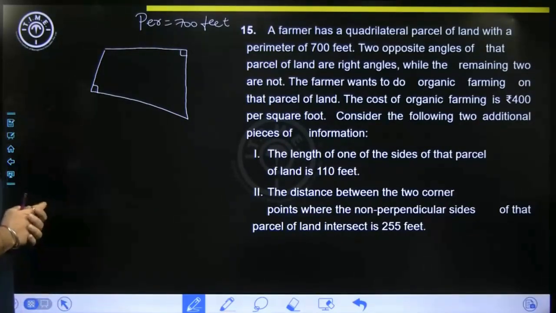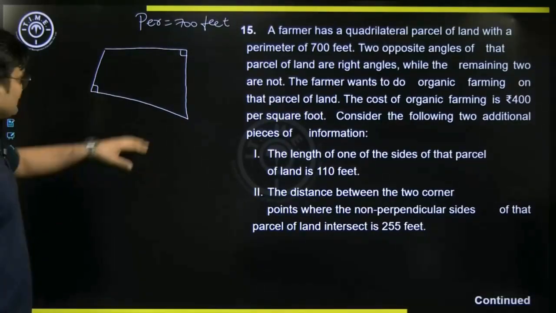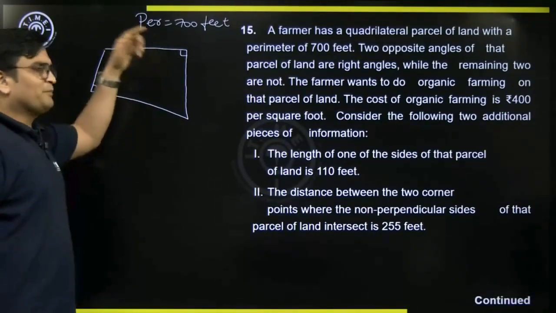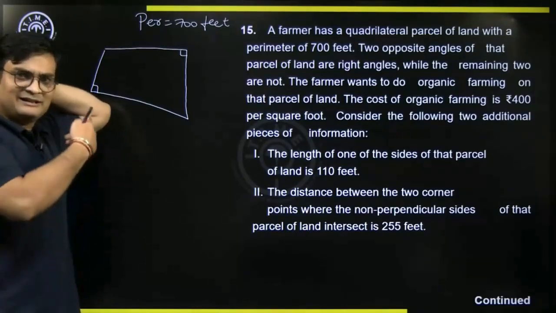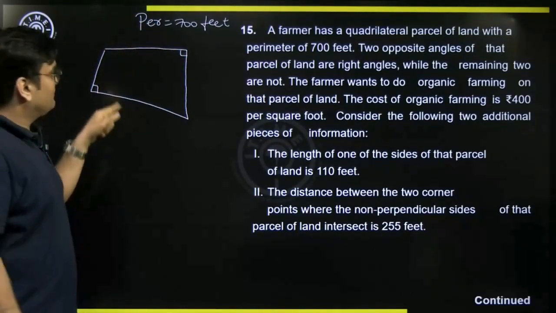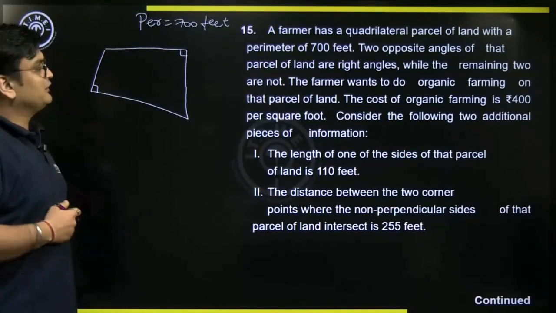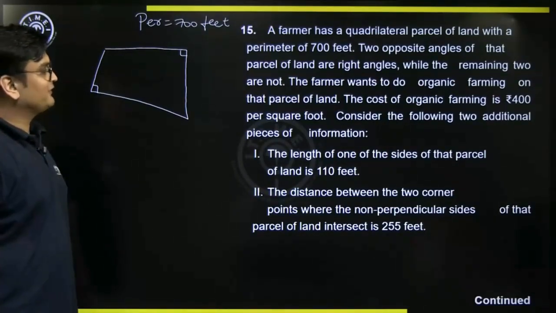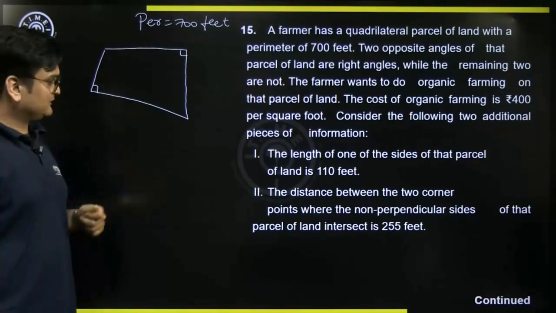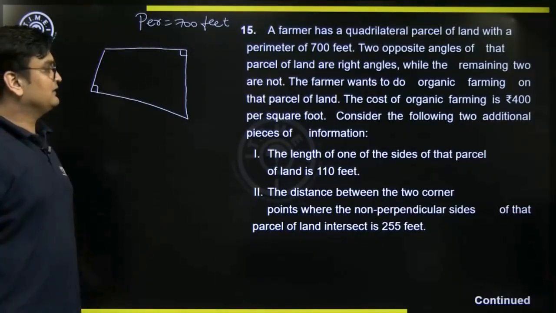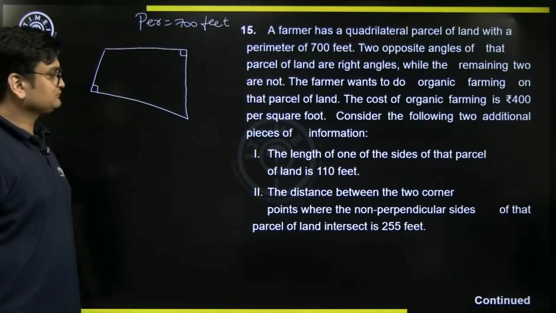The farmer wants to do organic farming on that parcel of land. And by the way, before we continue, this quadrilateral that we are talking about, because opposite angles are supplementary, is a cyclic quadrilateral. So we can draw a circle passing through the four vertices. The cost of organic farming is 400 per square foot. Consider the following piece of information.